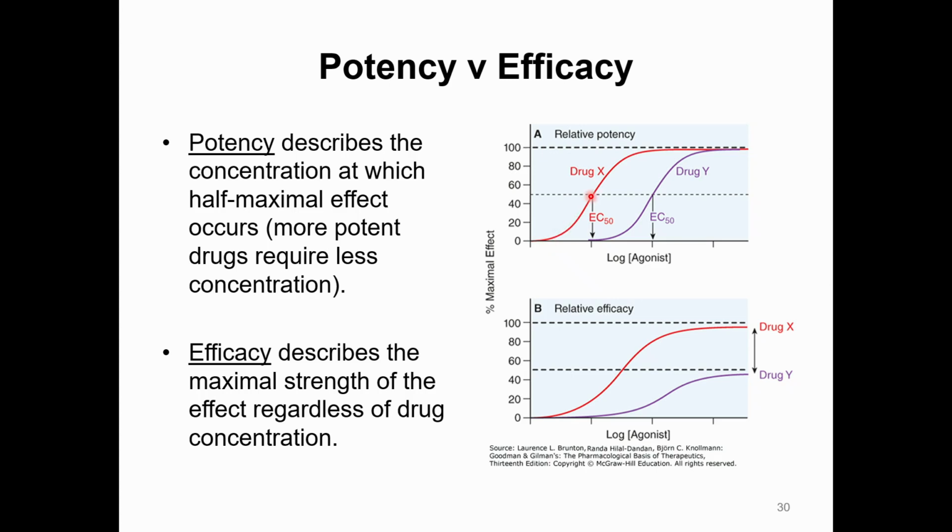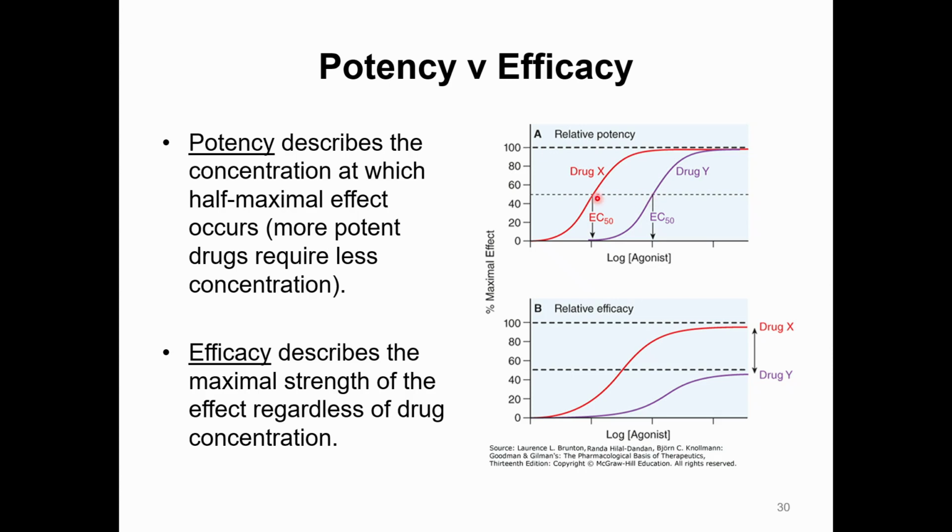This drug has half maximal response at a lower concentration than drug Y. So we would say that drug X is more potent than drug Y, because a lower concentration of drug X gives you the same level of response as a higher concentration of drug Y. And the reason for this is that drug X has a higher affinity for its target than drug Y.